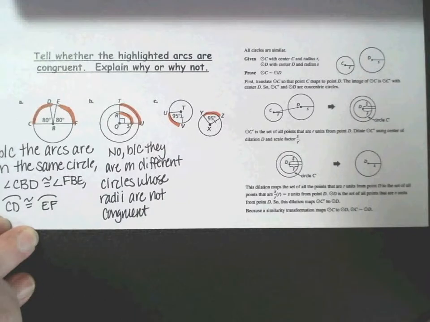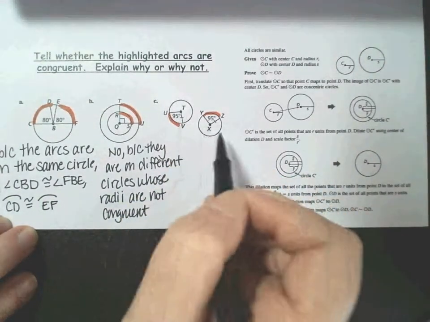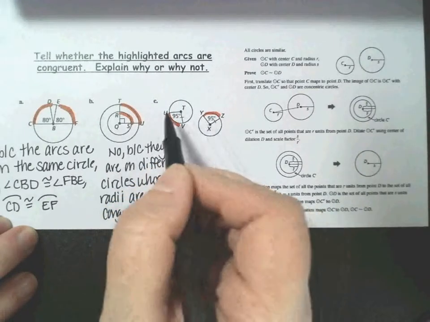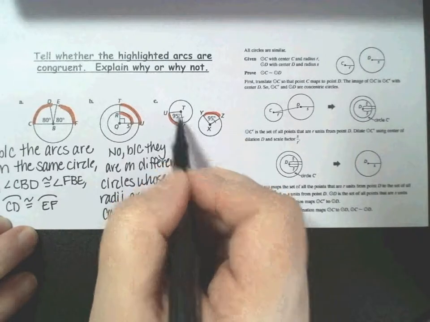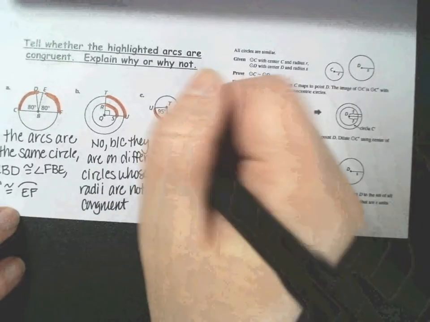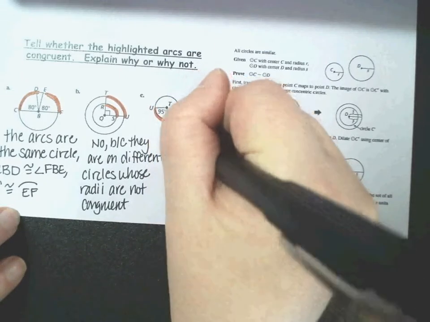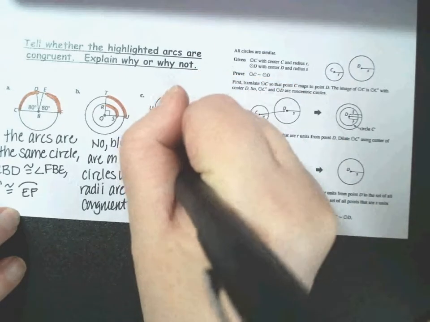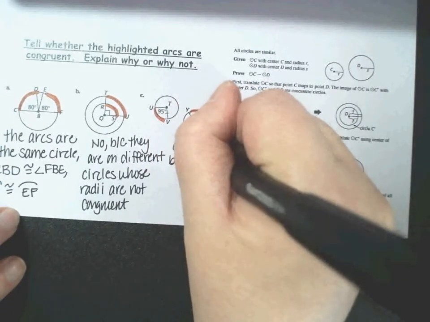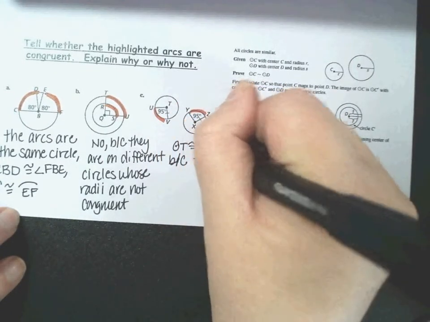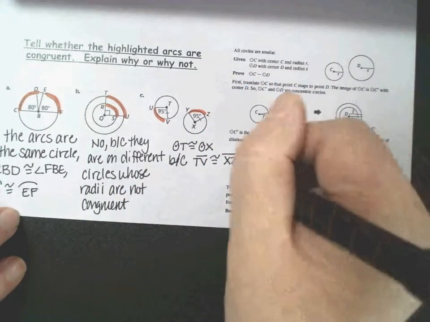Are the radii congruent here? How do we know? Those little bars there, okay? So even though we're on two different circles, we're able to say that those two circles are congruent because their radii are congruent. So we can say that circle T is congruent to circle X because TV is congruent to XZ.